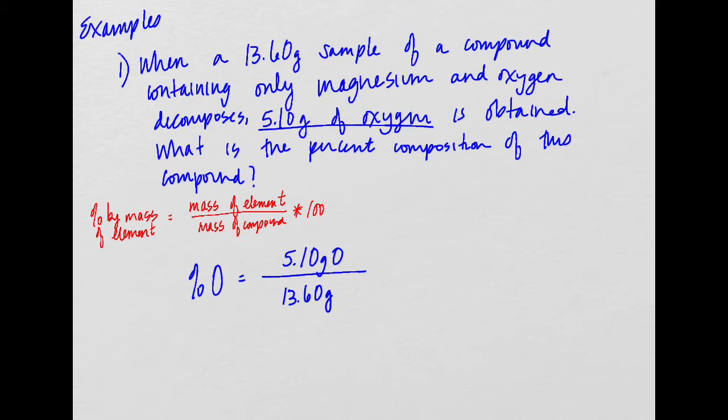We don't know the chemical formula for our compound, so we don't know what to write there. We said MgO. That's probably what it is, but we don't know that. And then we multiply this by 100, and we get that this compound is made up of 37.5% oxygen.